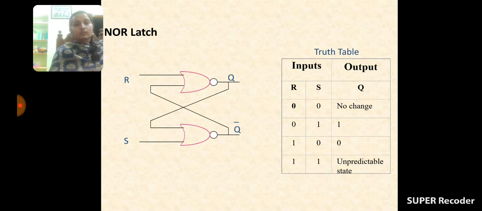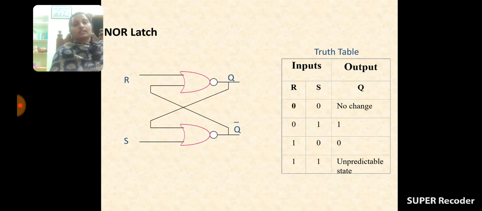The rule is that both outputs are complemented to each other. After application of the same inputs, it will violate the law.